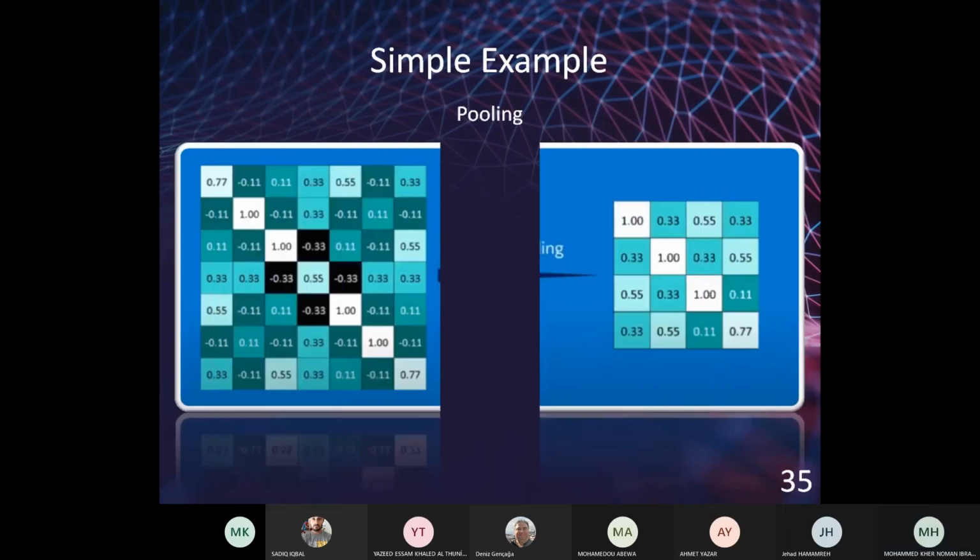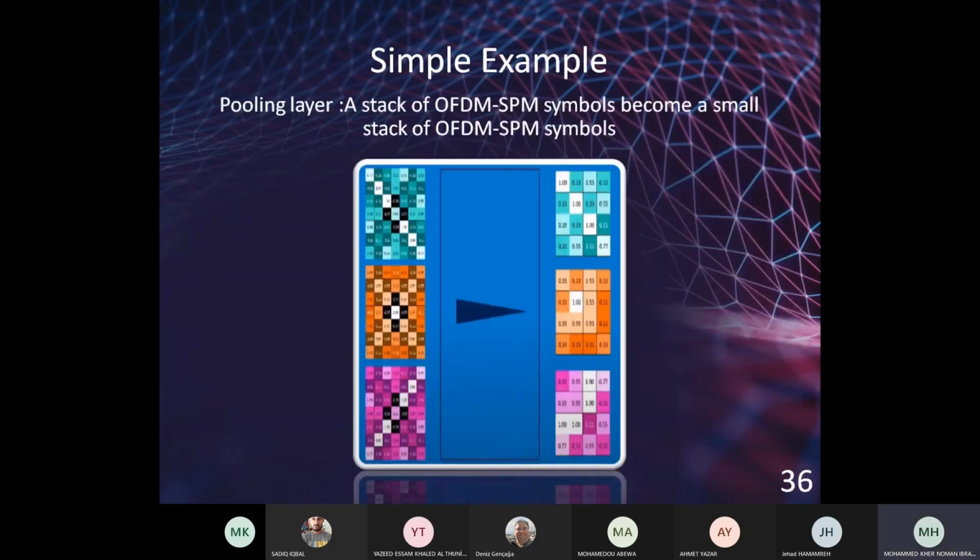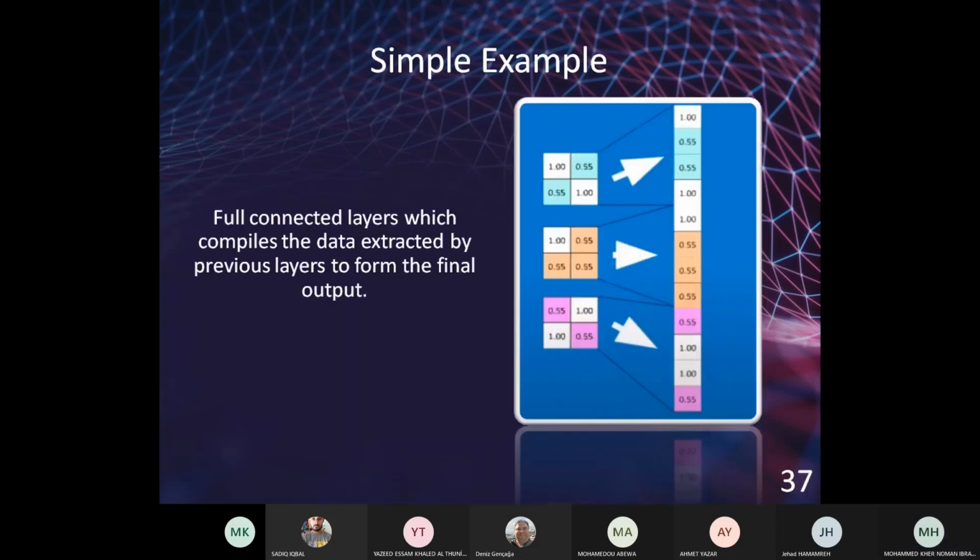Then we go to the pooling layer, which causes the stack to shrink. After the pooling layer, a stack of OFDM samples becomes a small stack of OFDM-SPM samples. And here the fully connected layer compiles the data extracted by the previous layers to form the final output.